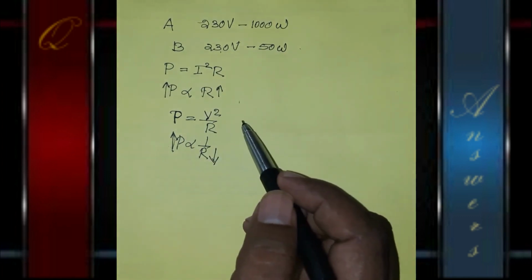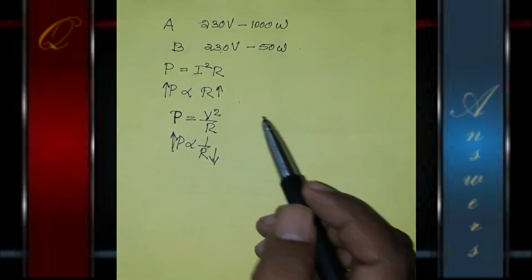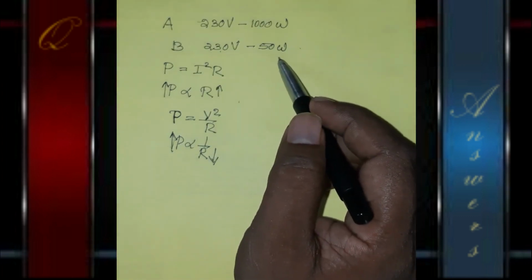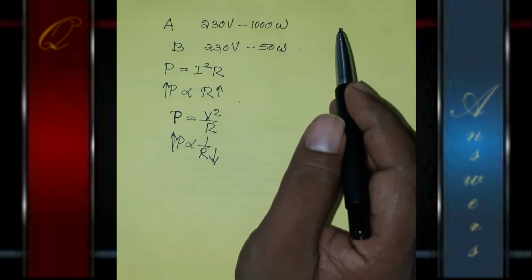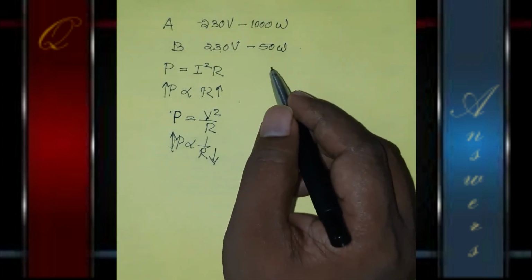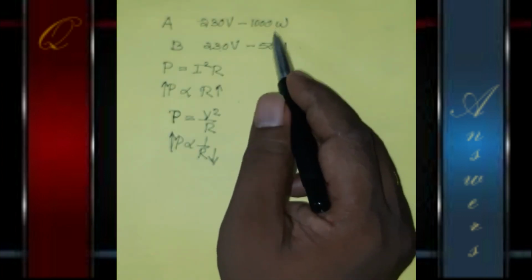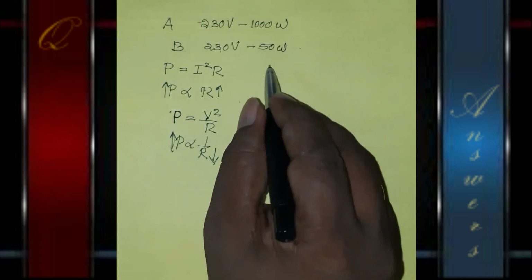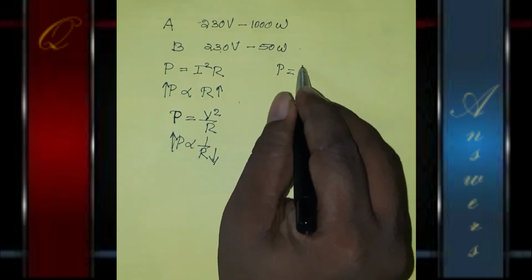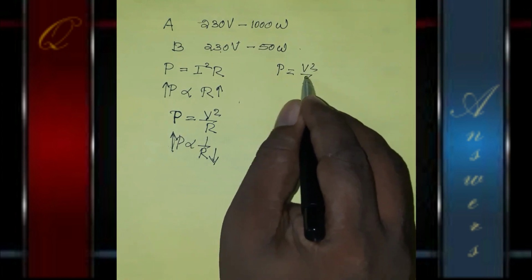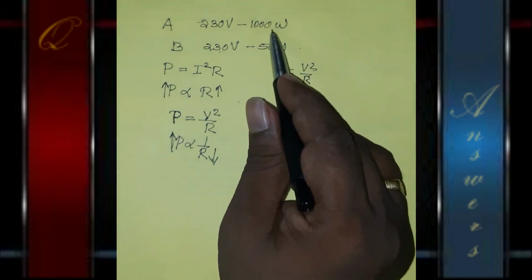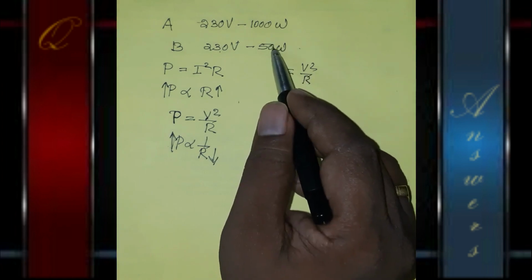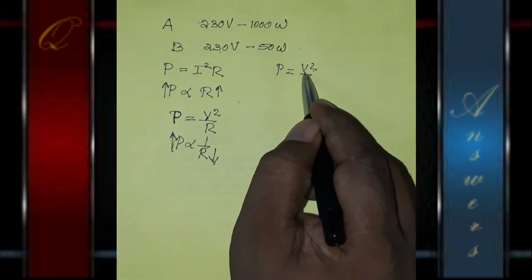Now consider the case of parallel connection. When these two devices are connected in parallel, the voltage across these two will be the same. In order to compare the consumed power of these two devices, I am taking the equation P is equal to V square by R. As the voltage across these two devices is the same in parallel connection, V is constant.